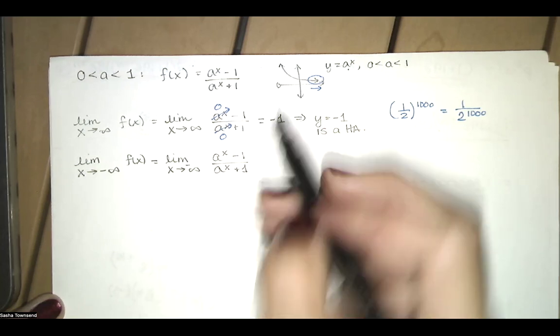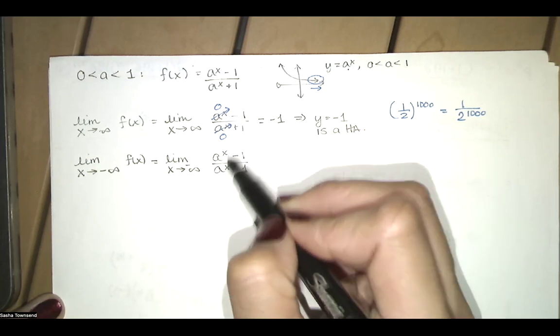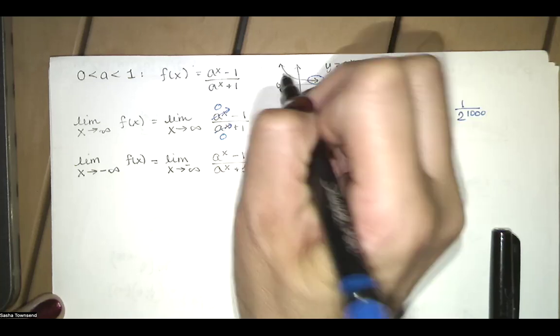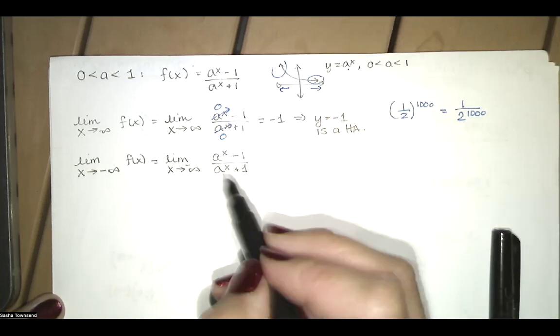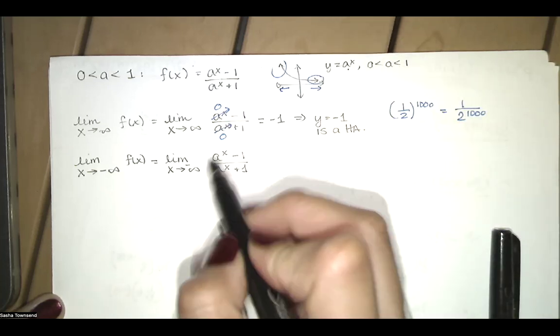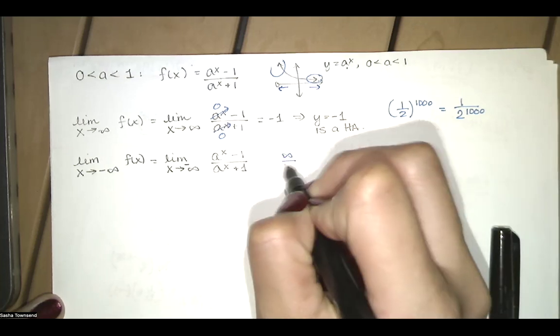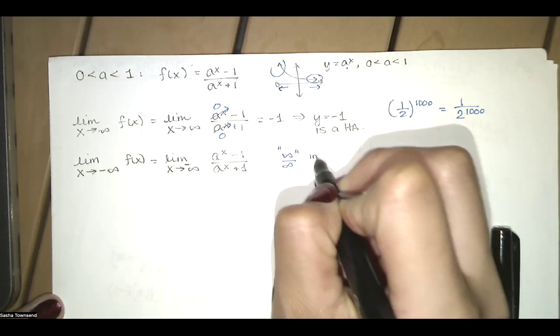So as we go to negative infinity, this is approaching positive infinity, because as we go farther and farther to the left here, the y values increase. So this is going to positive infinity, and this is going to positive infinity. So this is an infinity over infinity indeterminate form.